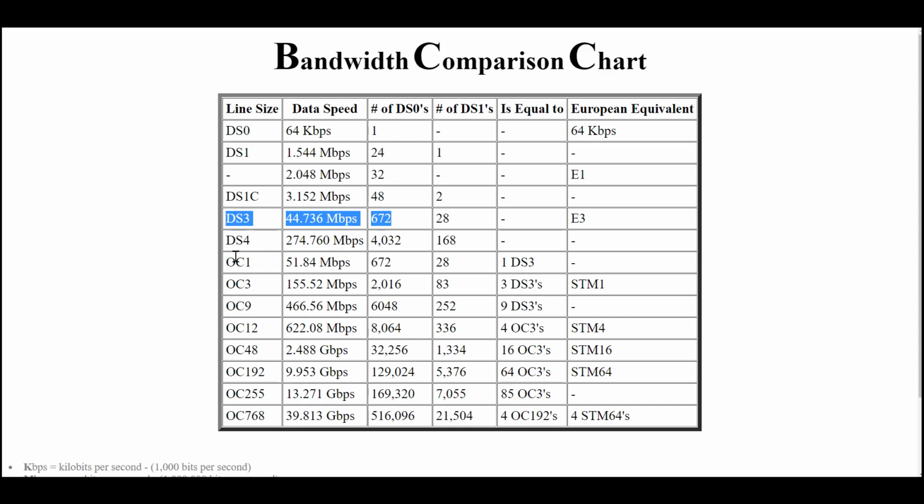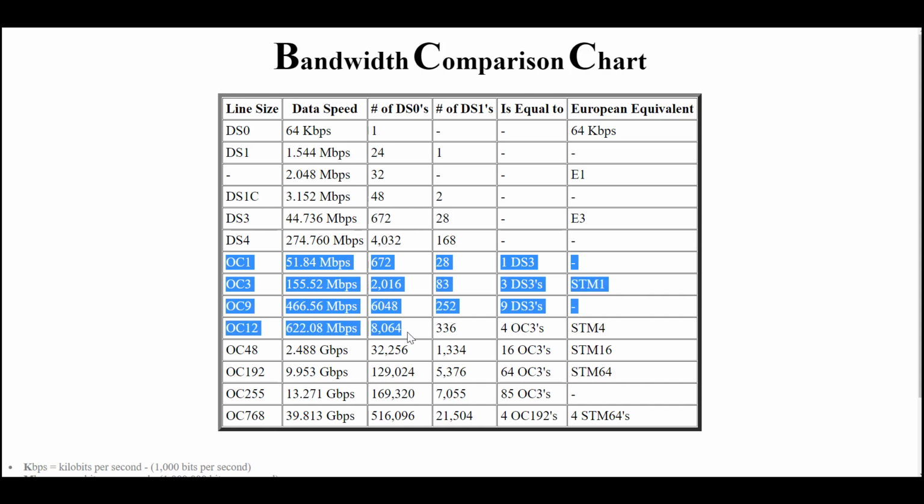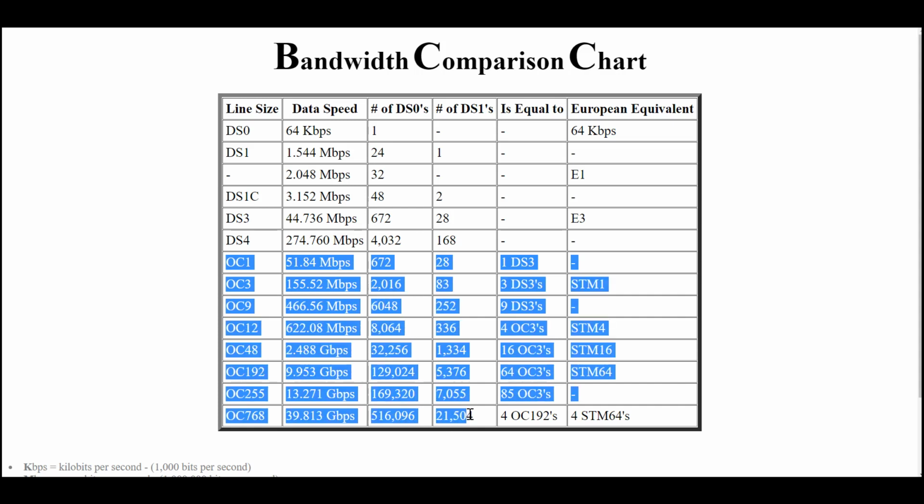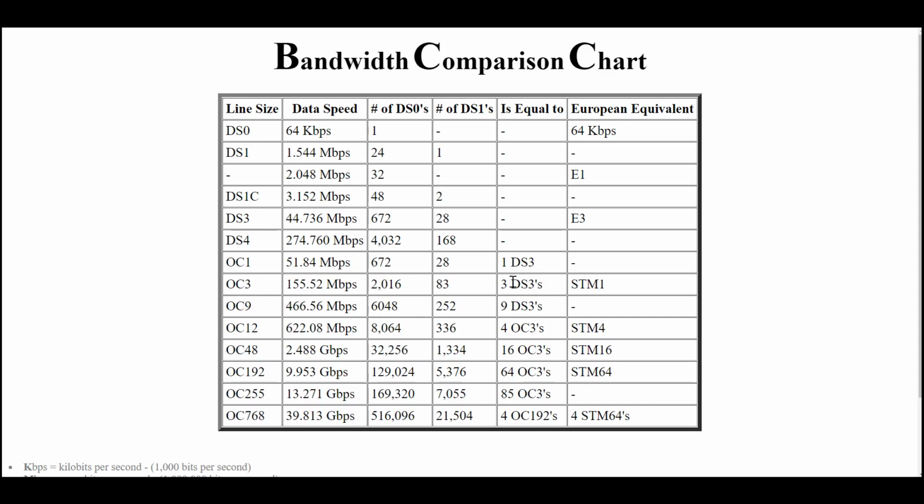And then when you get into the optical ones, you can see that they start being equal to DS3s, and so forth. So this one here is equal to 672, which would still be the T3.